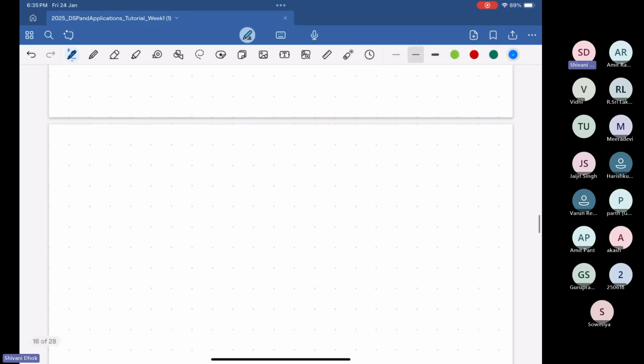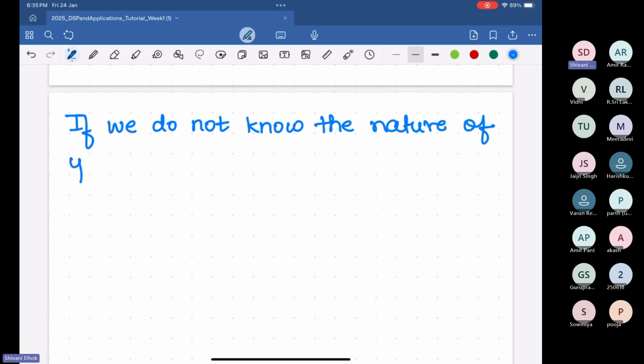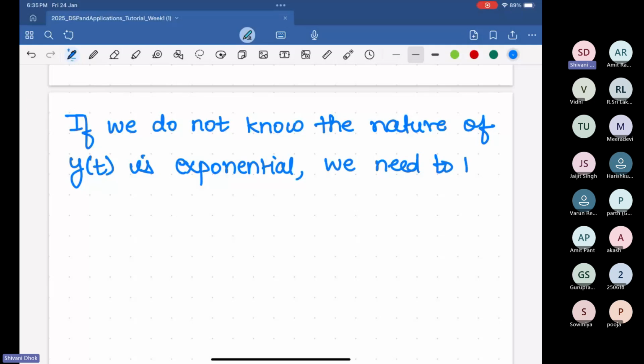So if we do not know the nature of y of t is exponential, we need to know its maximum frequency.